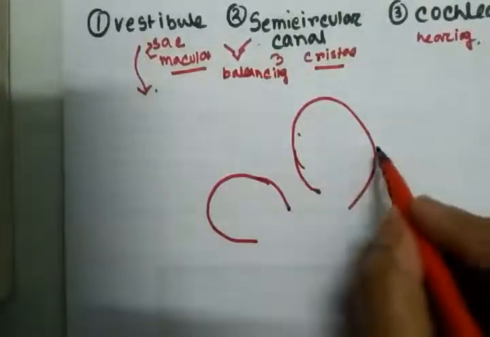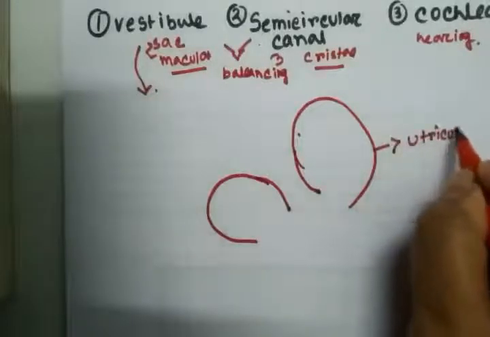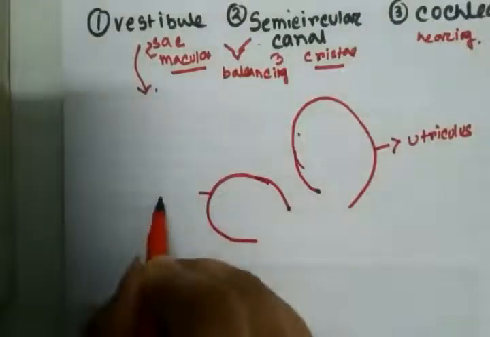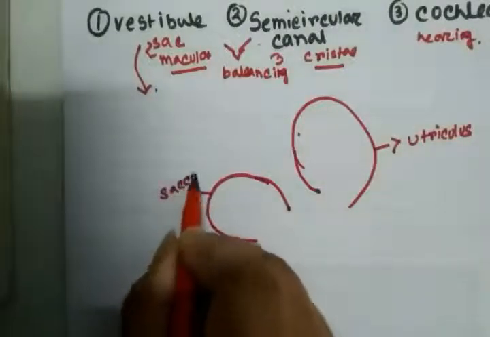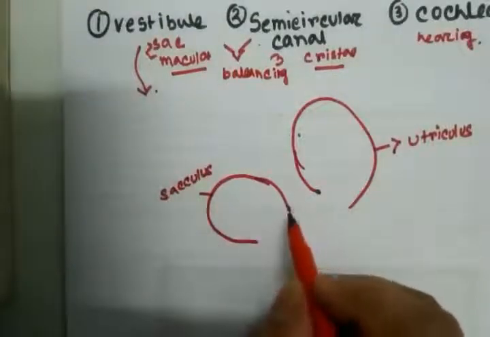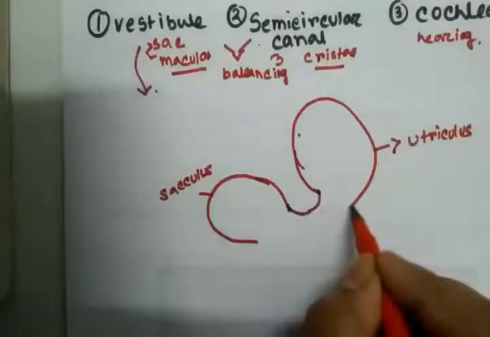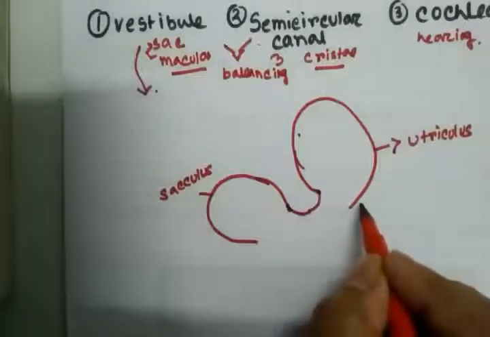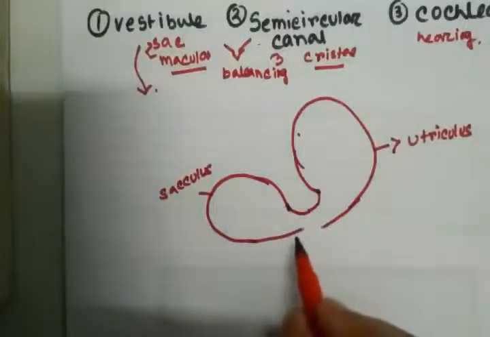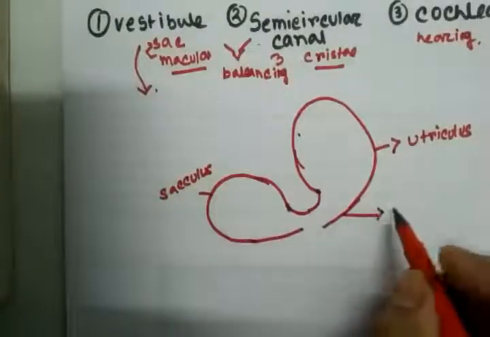The bigger one is known as utriculus, and the smaller one is known as sacculus. And the utriculus and the sacculus are interconnected by a narrow duct. So this is a narrow duct, and this duct is called the utriculosaccular duct.